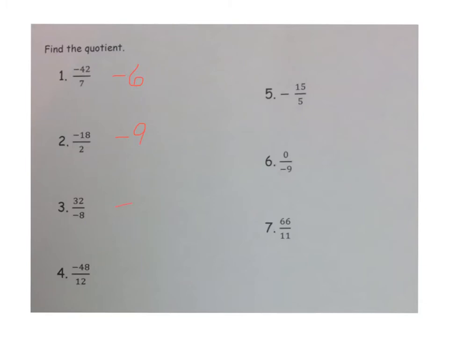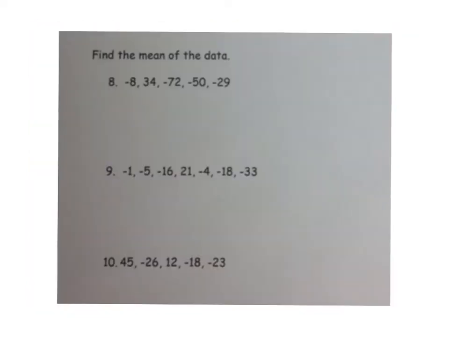The next one, they don't have the same sign, negative 4. The next one, they don't have the same sign, negative 4. Number 5 here is the opposite of 15 divided by 3, which is negative 3. 0 divided by any number is 0. And then 66 divided by 11 is 6.